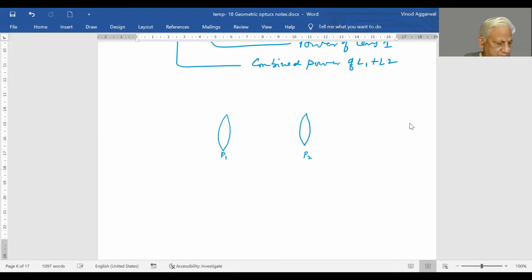This is power P2. And let us say they are separated by a distance D. And this is the place where the equivalent lens of these two is supposed to be.